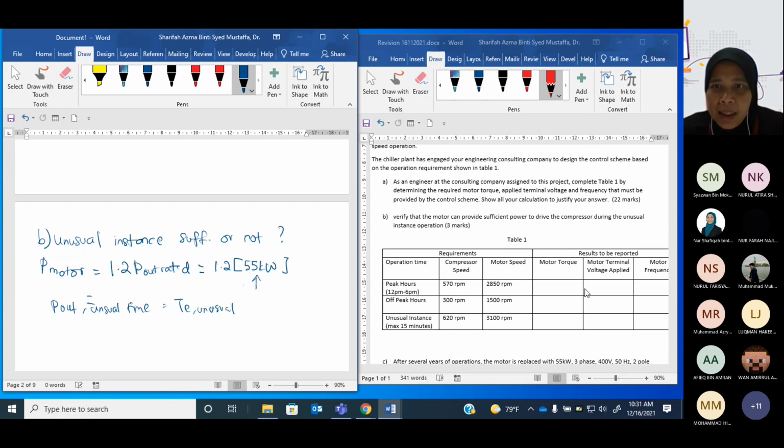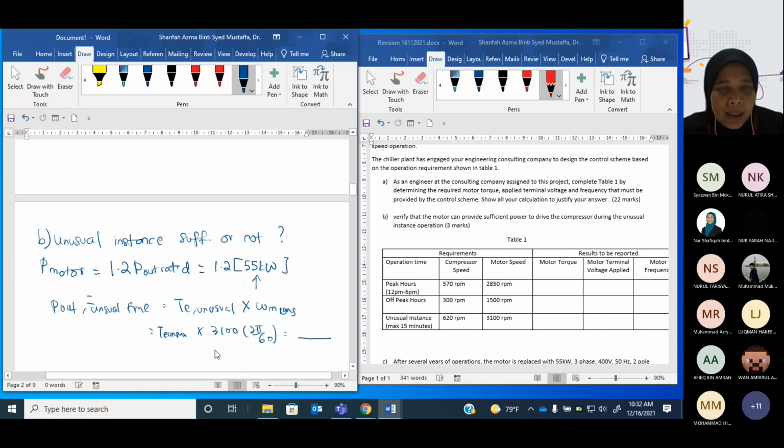Kena ambil yang dekat kita dah calculate tu times omega M. Omega M mana? What's the value? 3,100. Ya, 3,100 tu you have to convert dulu, over 60. Okay. So nanti akan dapat TE unusual times 3,100 times 2 pi over 60. Okay, you akan dapat your value of P out.